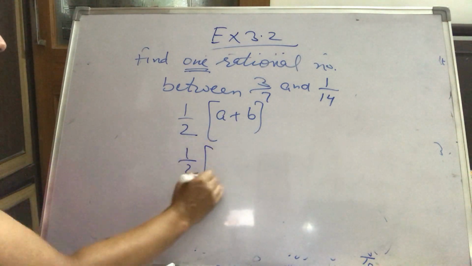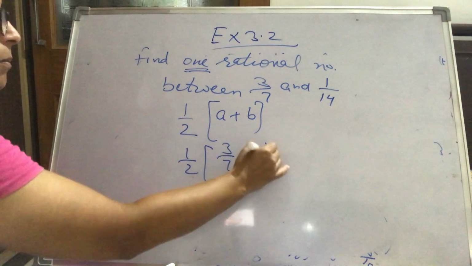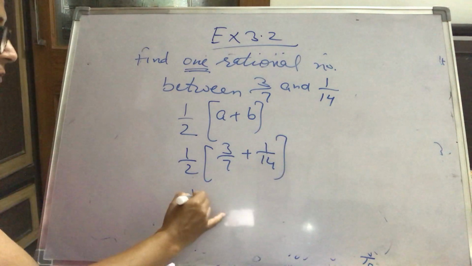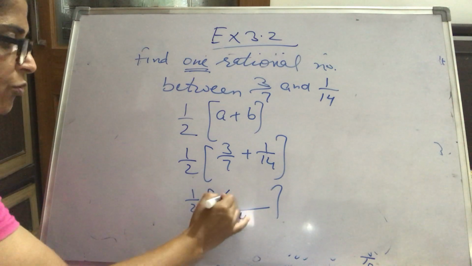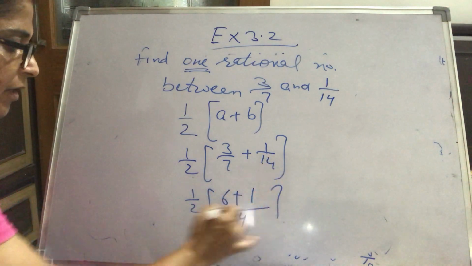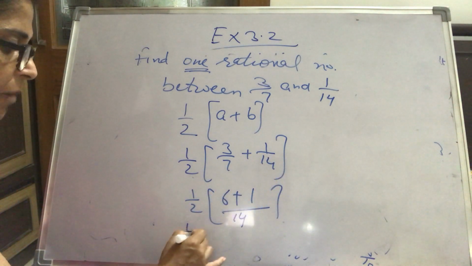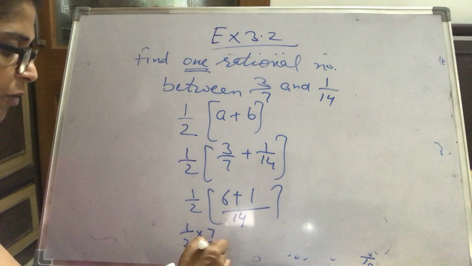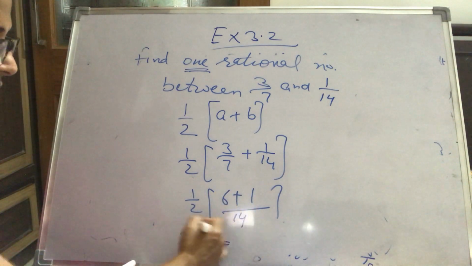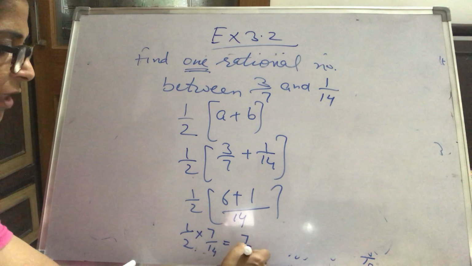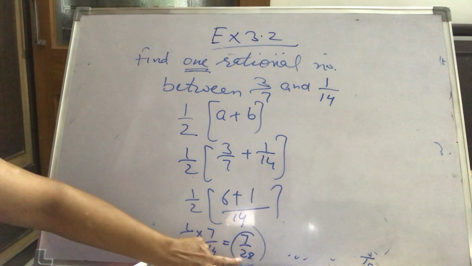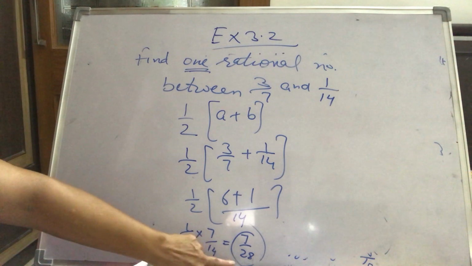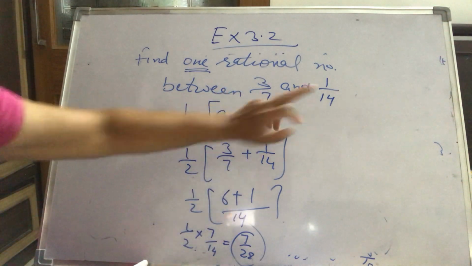We will solve it. 3 upon 7 plus 1 upon 14. We'll take the LCM. 7 twos are 14, 2 threes are 6, 14 ones are 1. 1 upon 2 multiplied by 6 plus 1, 7 upon 14. The answer is 7 ones are 7, 14 twos are 28. This is the answer. 7 upon 28 is the only one rational number between 3 by 7 and 1 by 14.